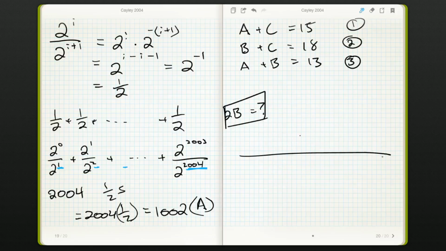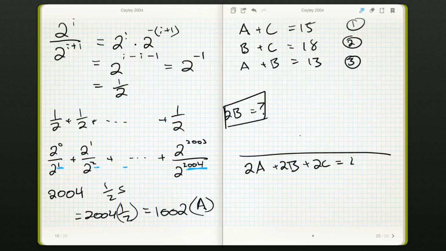You'll get these sorts of things every once in a while, and a great strategy is just to add them all up. Each letter is used a predictable number of times, so we'll get 2 copies of A, and 2 copies of B, and 2 copies of C, and if we add up on this side, 15 plus 18 is 33, plus 13 is 46.